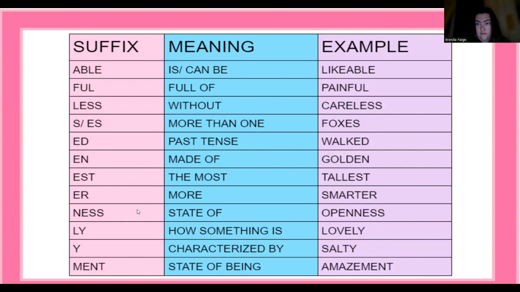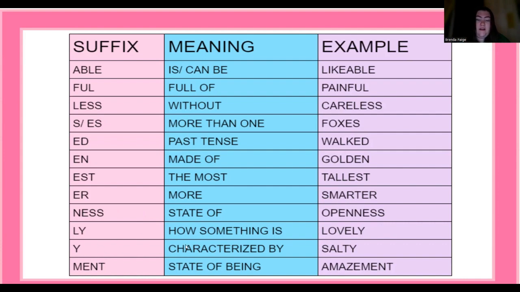Maybe faster in a race. Ness, like a state of being. So openness means that it's open. Calmness means there's a state of being calm. Happiness means that you're in a state of being happy. Ly, how something is. Something is so lovely. Or in the winter, I'm so sickly.